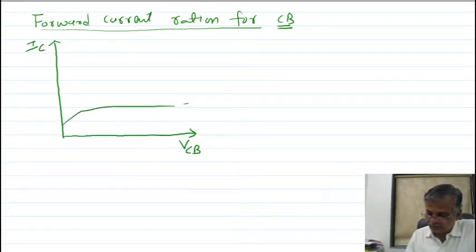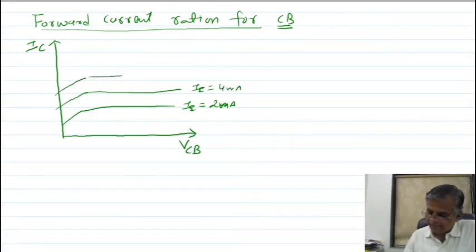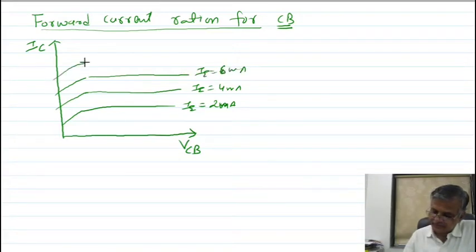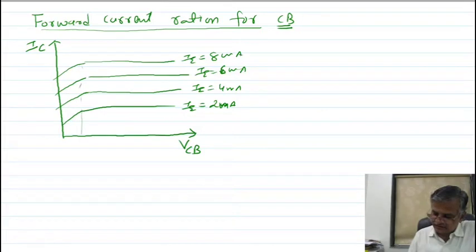Just now we have shown the emitter current is 2 milliampere. This is emitter current 4 milliampere, emitter current 6 milliampere, and emitter current 8 milliampere, and this VCB is less than 0.1 volt.